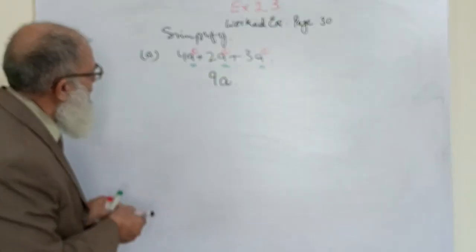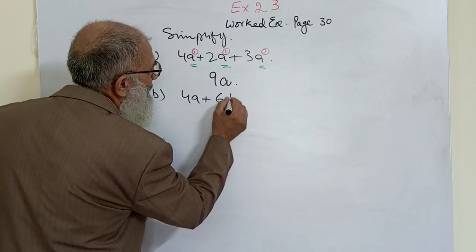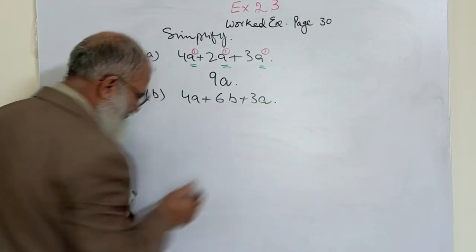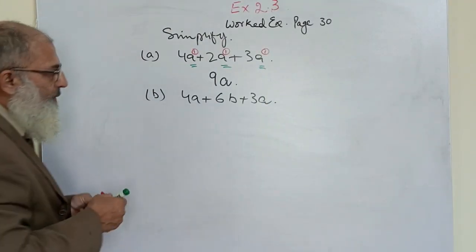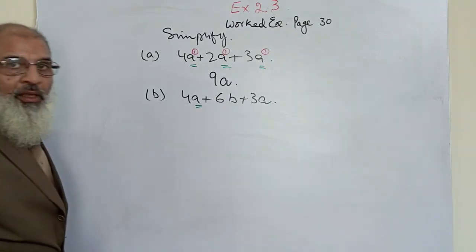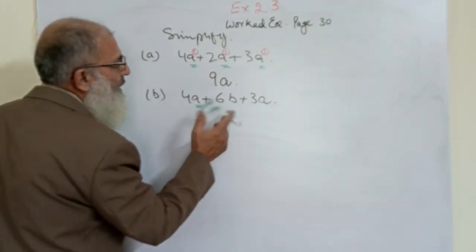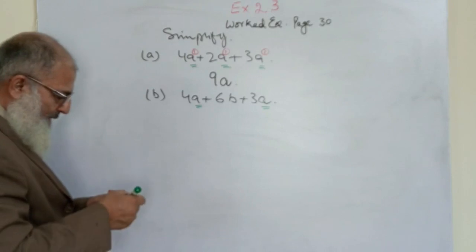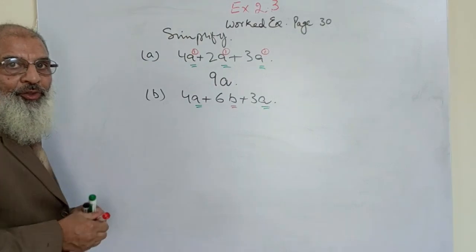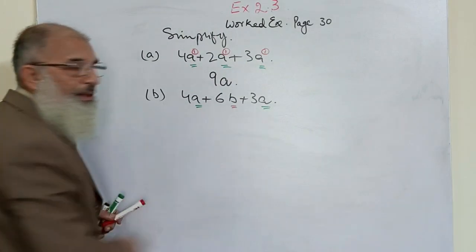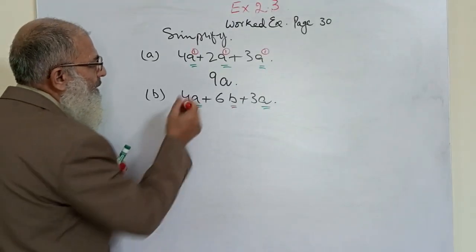It was very simple. Now there is another example: 4a, 6b, and 3a. Again, what is our first step? We have to check whether or not the variables are the same. You see that these two variables are the same and this variable is different. So leave this variable and just add the variables and their indices which are there.